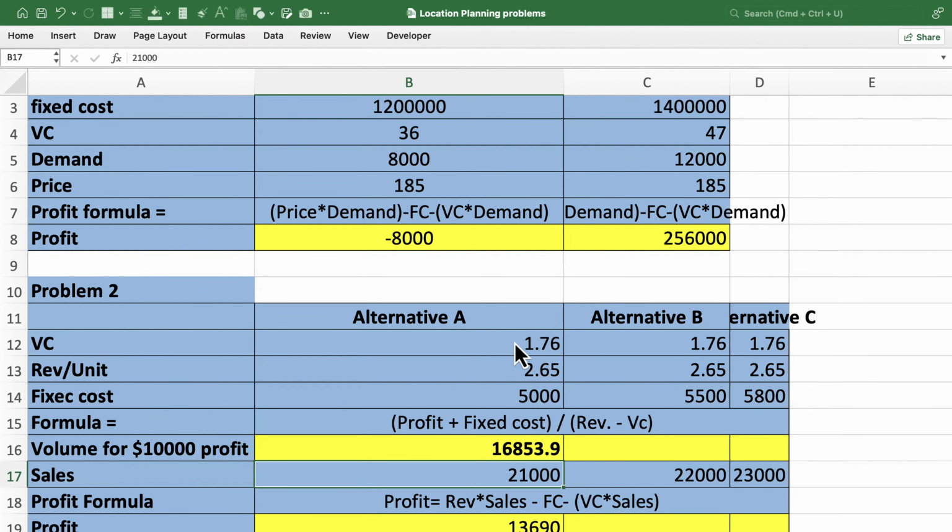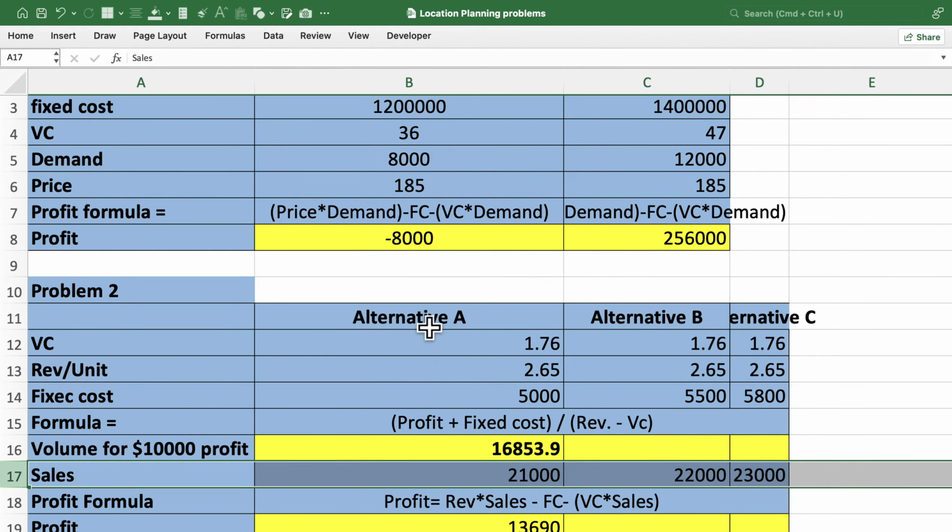And if I hit enter, that gives us 16,853.9.